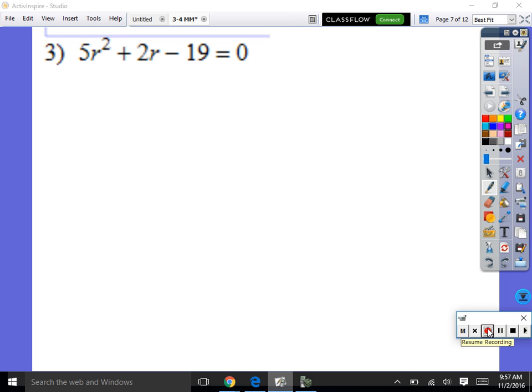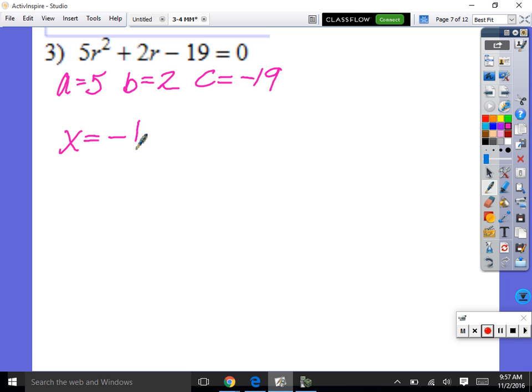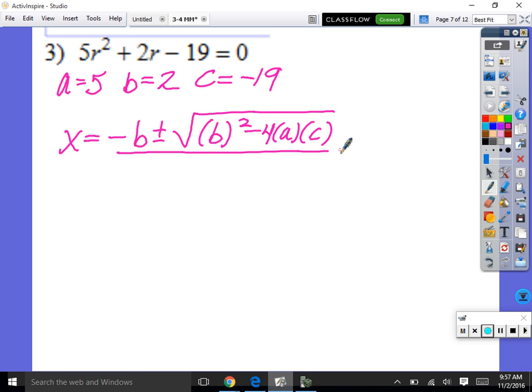So number 3, so once again, you'd list out A is 5, B is 2, and C is negative 19. So we know that x equals negative b plus or minus the square root of b squared minus 4ac all over 2a. Okay, so here we go. X equals negative b.